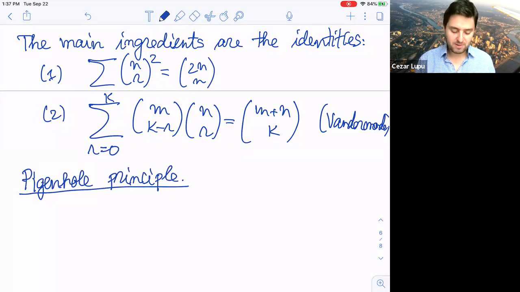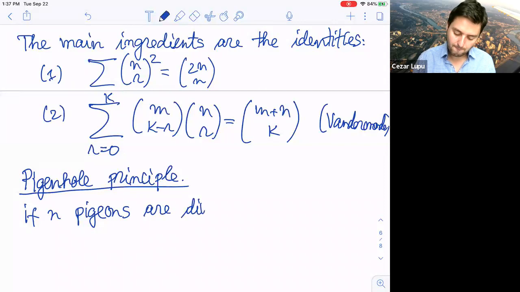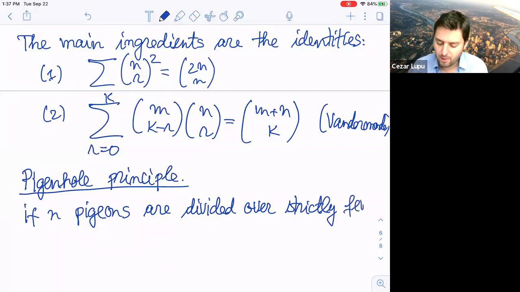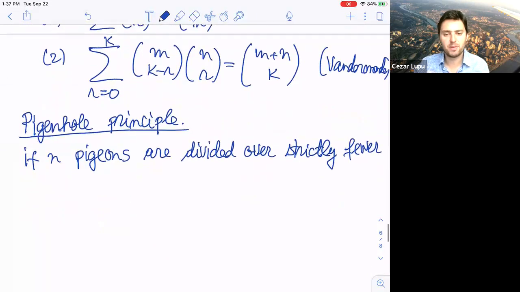If n pigeons are divided over strictly fewer, let's say, I usually put them in m boxes or n plus 1 boxes, so there exists at least one box with 2 pigeons in it.